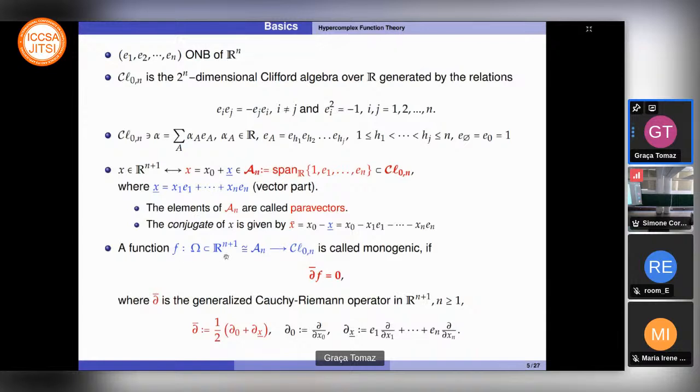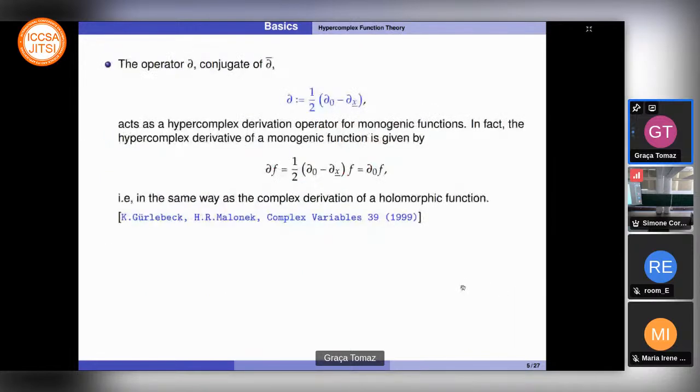A function f from R^(n+1) to Cl is called monogenic if it satisfies the differential equation, where del bar is the generalized Cauchy-Riemann operator. The operator del is the conjugate of the Cauchy-Riemann operator and acts as a hypercomplex derivation operator for monogenic functions.